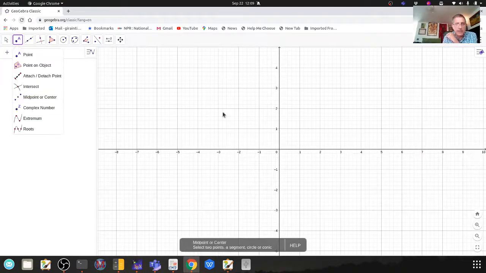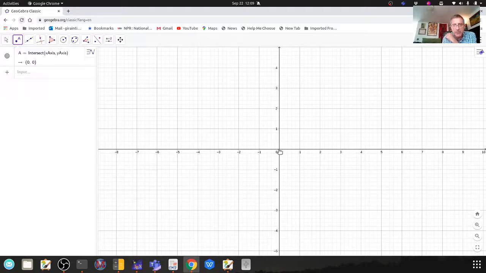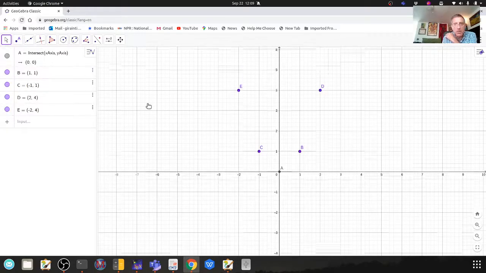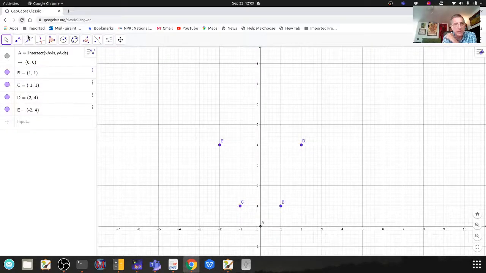My first point was 0 and 0. My second point was 1 and 1, and minus 1 and 1. My third point was 2 and 4, minus 2 and 4. So we already know that all of my values are going to be positive.